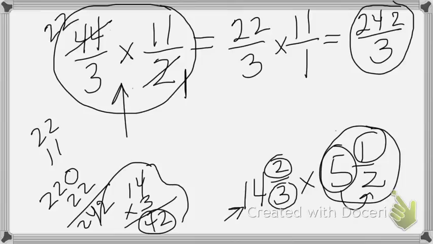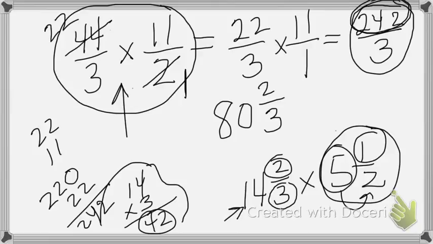And again, now we need to turn that back into a mixed number. To do that, we ask ourselves how many 3's are in this 242. And that would be 80 and 2 thirds, because 242 divided by 3 is 80, and then we have the 2 left over, which is another 2 thirds.